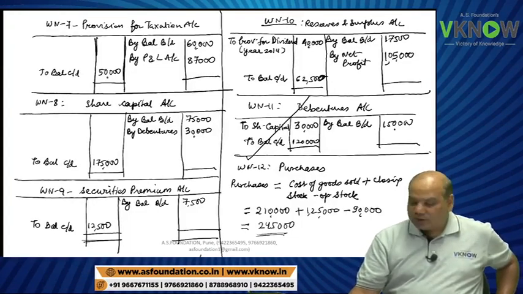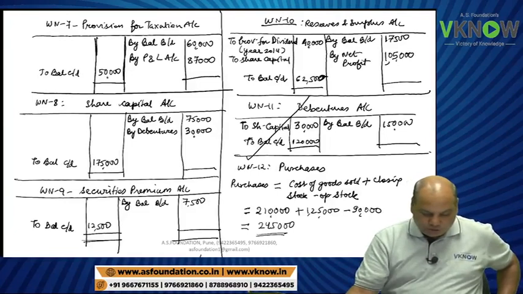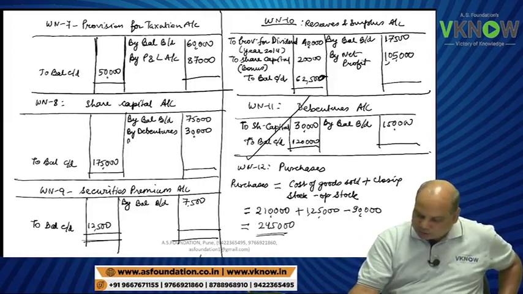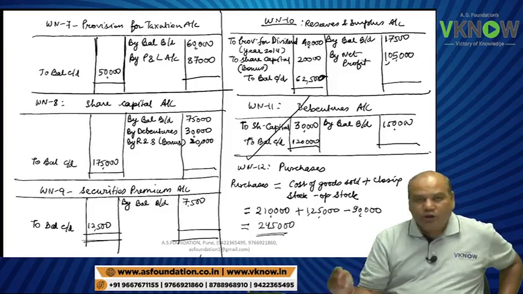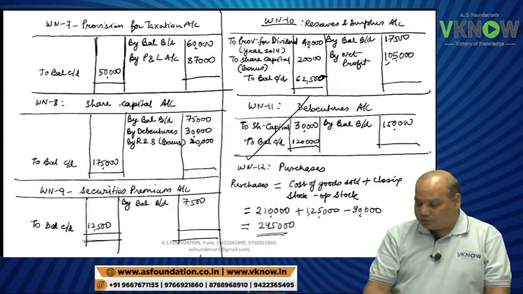Working note number 10, debit side to share capital, to share capital 20,000 in bracket bonus share, and share capital account credit side by reserve and surplus in bracket bonus share, 20,000. If you write everything nicely, it will be good.